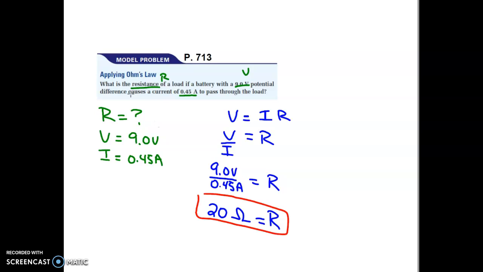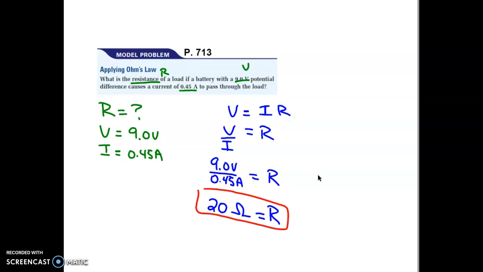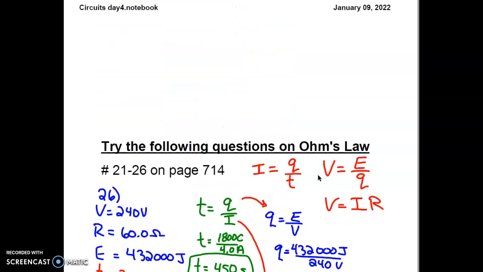We are trying to find resistance. What is the resistance? So R is our unknown. Voltage, we have that, our potential difference, so 9 volts, and then our current, it gives us that. So this is a very simple equation. Rearrange, we're solving for resistance, so 20 ohms, okay?